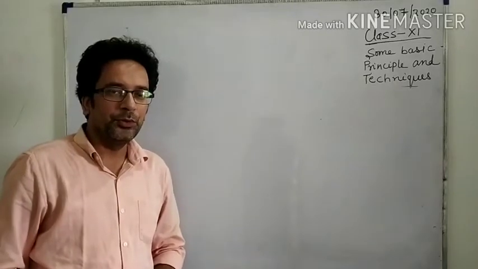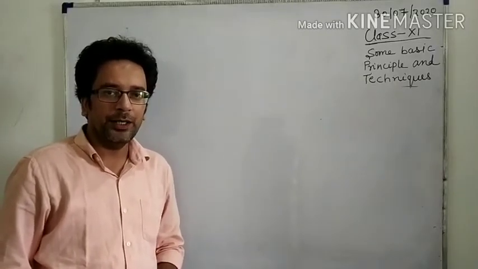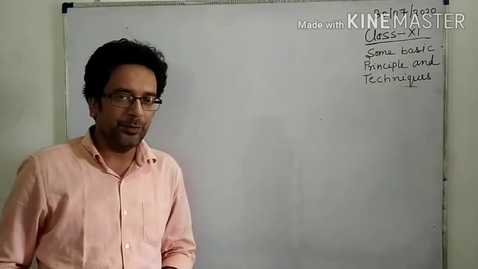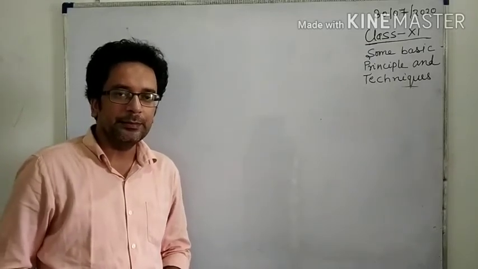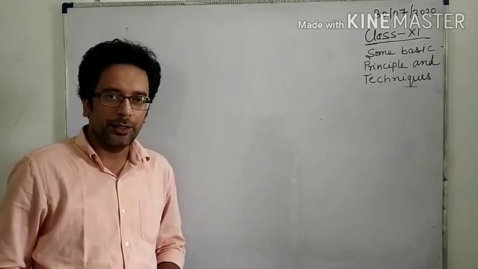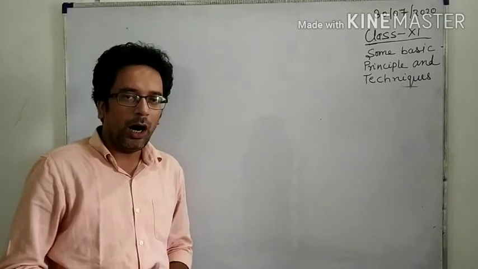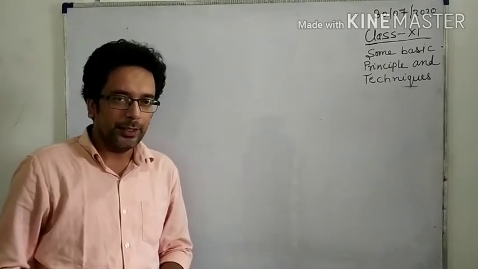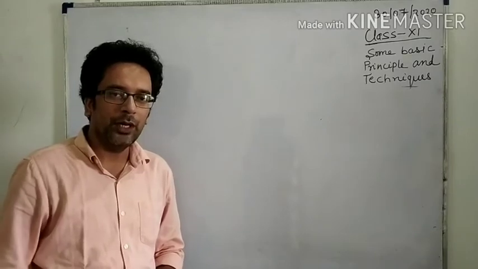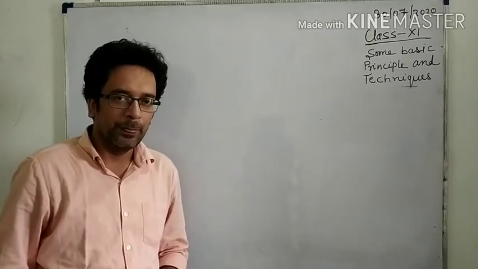Next, I am going to discuss the naming of organic compounds having multiple bonds. In the previous video, we discussed the general rules for the naming of organic compounds. All the rules are applicable here.